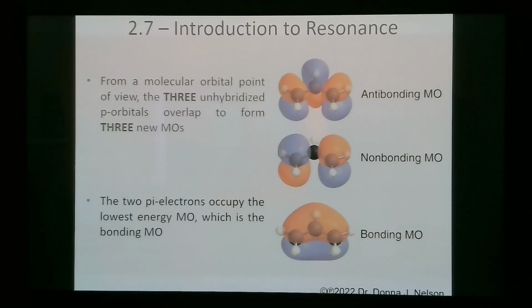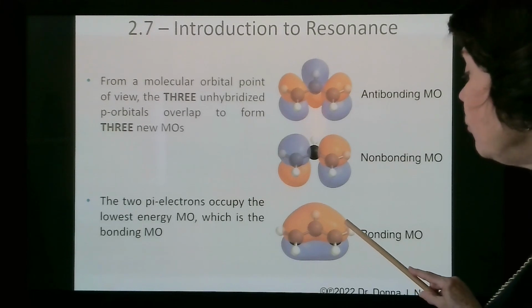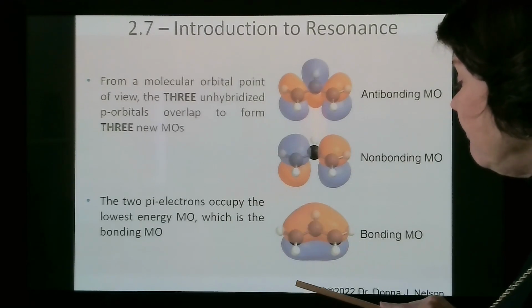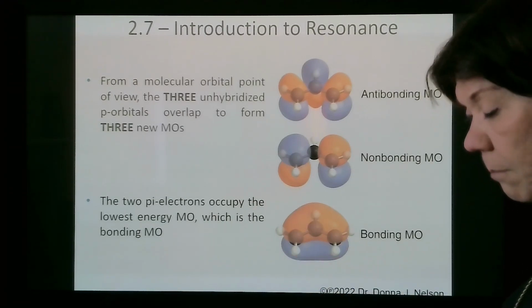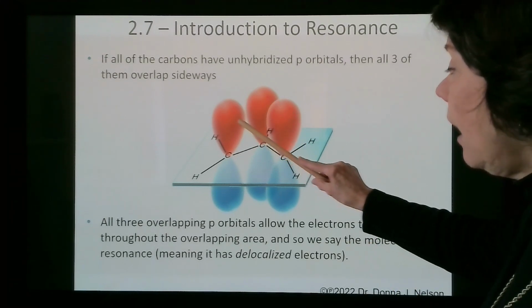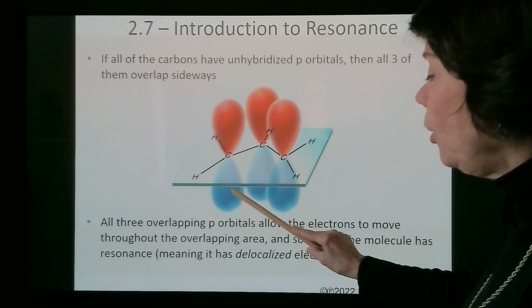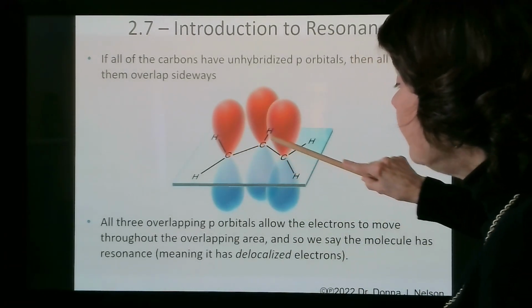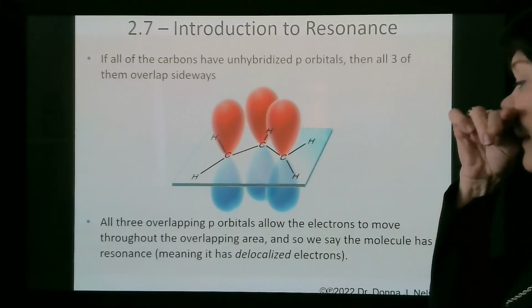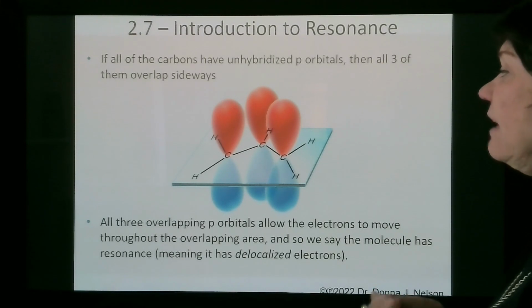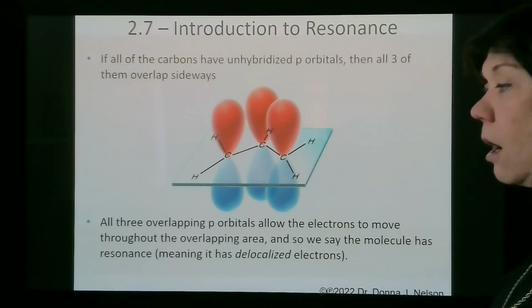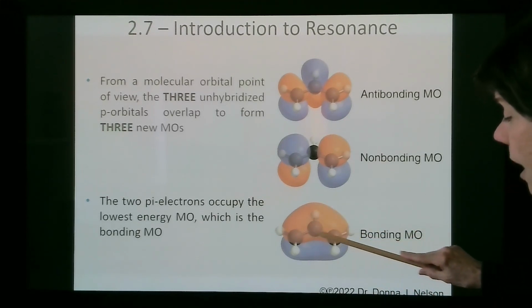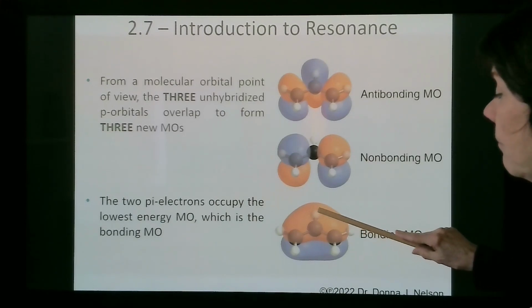So let's look next. Now look at this. Do you see this orbital, how it's drawn, you still have the red above the plane and blue below the plane. Do you see how you have the red lobes above the plane and blue below the plane? And you have nodes at each nucleus. And so now, if you can envision these to overlap and become molecular orbitals, now you see the red lobe of the molecular orbital.